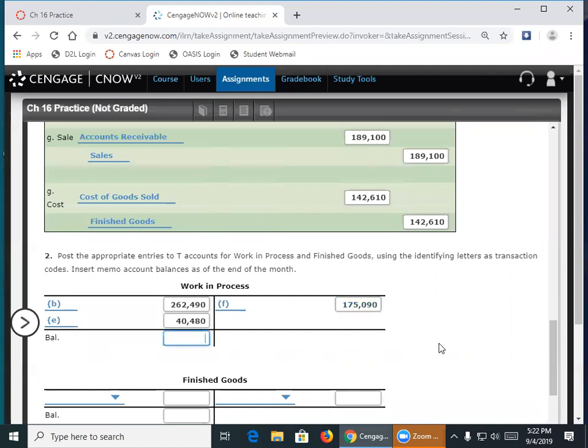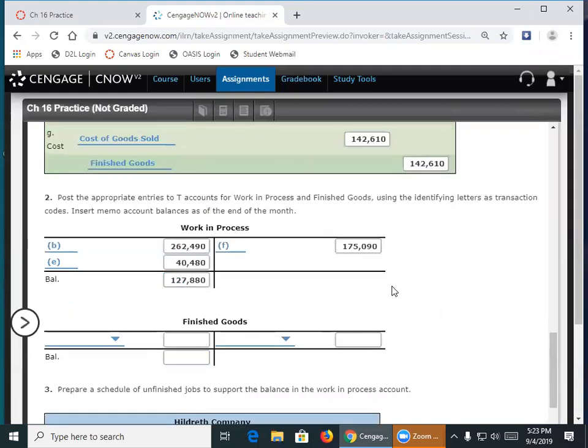I did not balance my T account though. For work in process, I would add up the totals and subtract out what I credited: total debits minus total credits. So my new work in process balance should be 127,880.